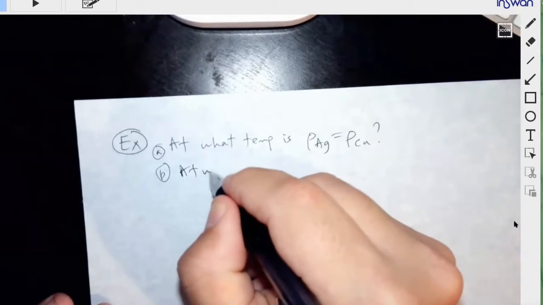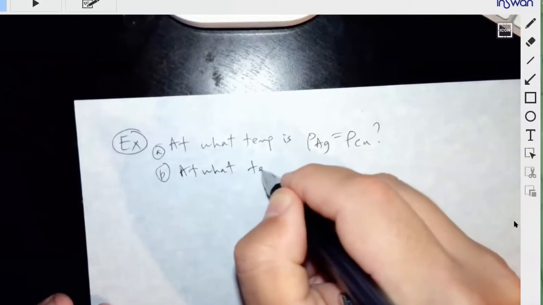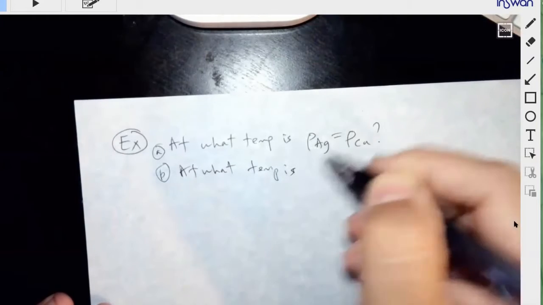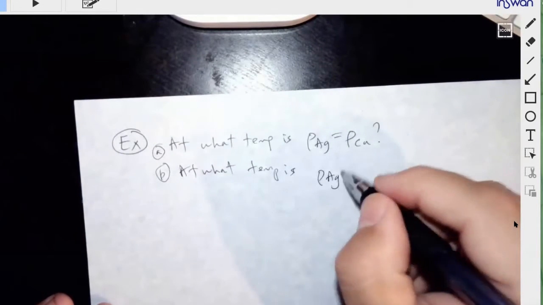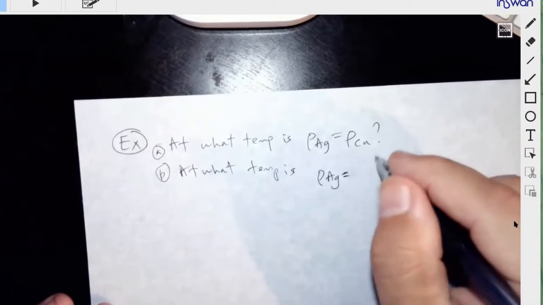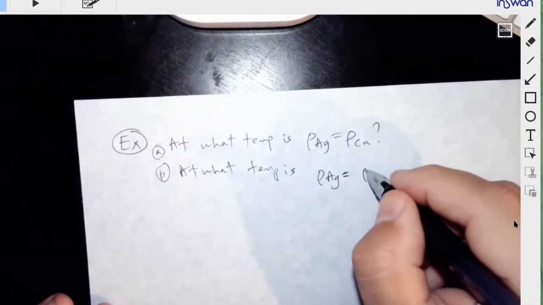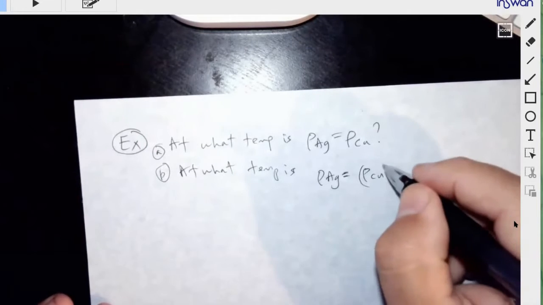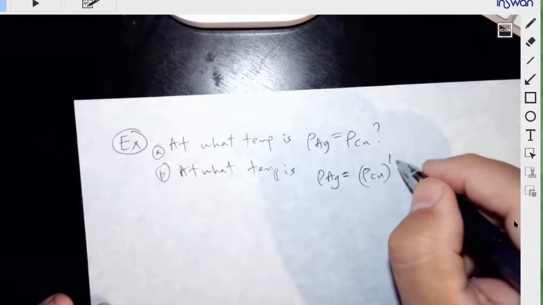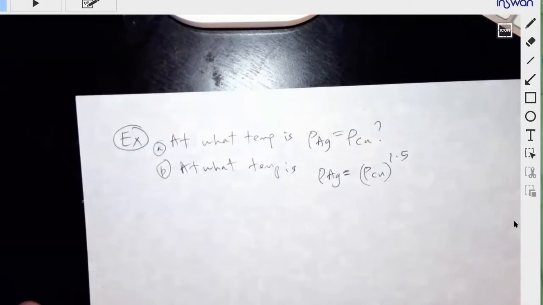At what temperature is the resistivity of silver the resistivity of copper to the power 1.5? You know, the questions that we asked for the temperature scale.